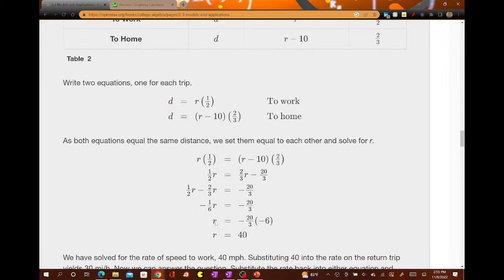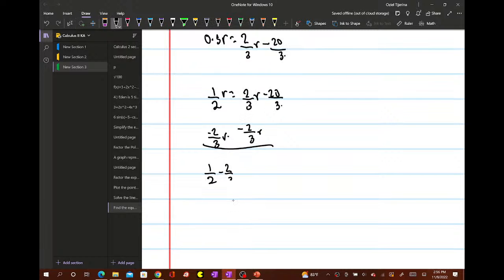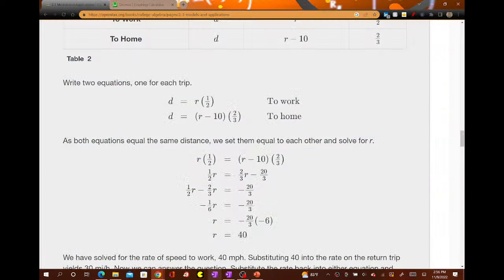We're solving for the rate. 1/2 r equals 2/3 r minus 20 over 3. If we do minus 2/3 r on both sides, we get 1/2 minus 2/3. Oops. Sorry guys, it crashed on me. My bad.